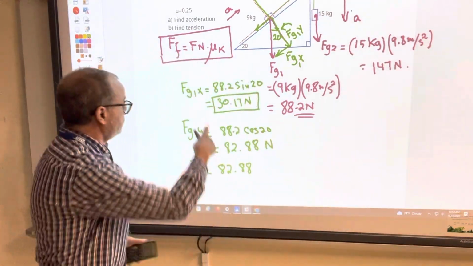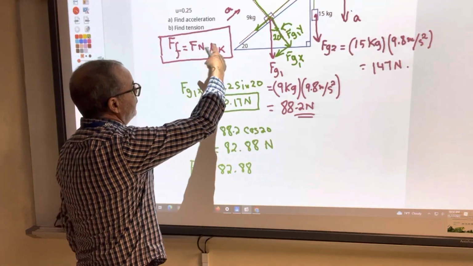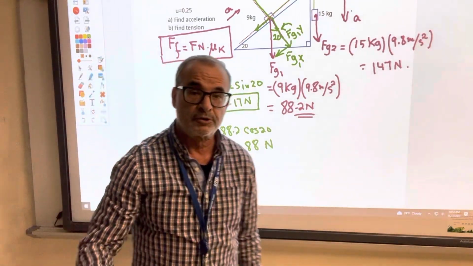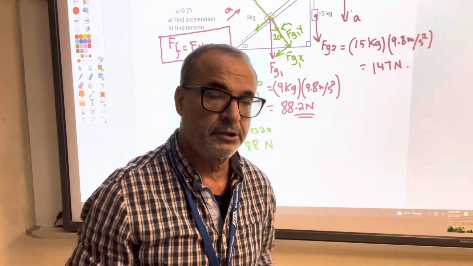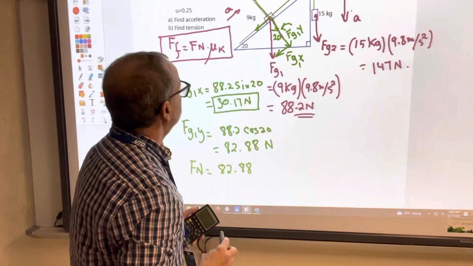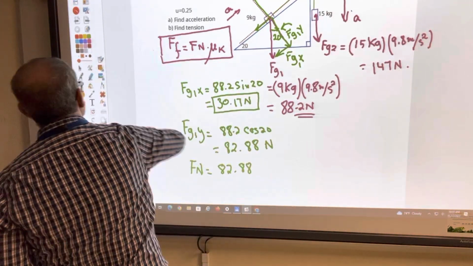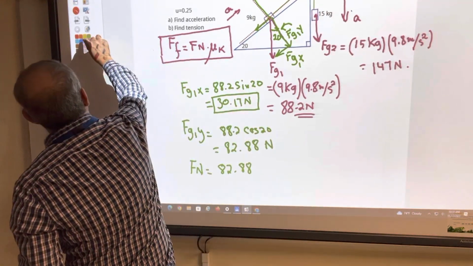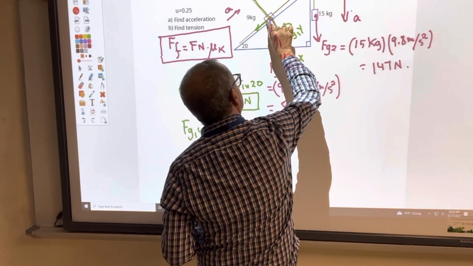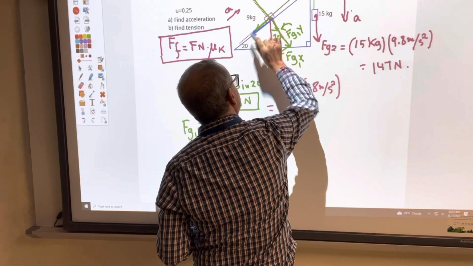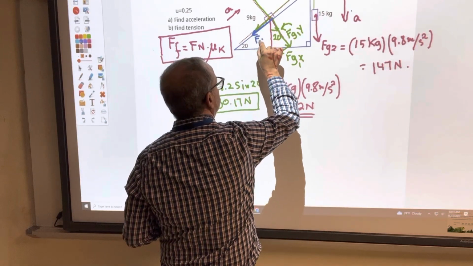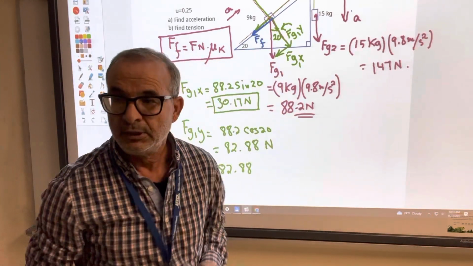We're going to need this normal force for the friction. Remember, the friction is Fn times mu_k. The normal force times the coefficient of friction will give you the friction force. So let me put that in, using this color. The friction is always on the surface, and that is lowercase f.